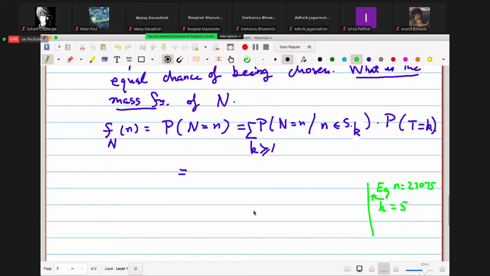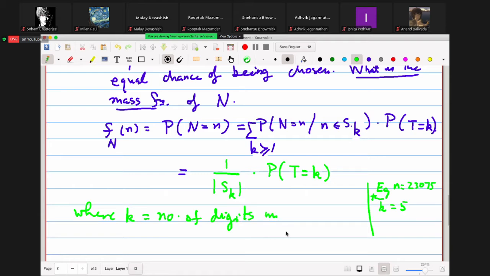The first factor is 1 by the cardinality of S_k, times the probability that T equals k, where k equals the number of digits in n. That makes sense, right?